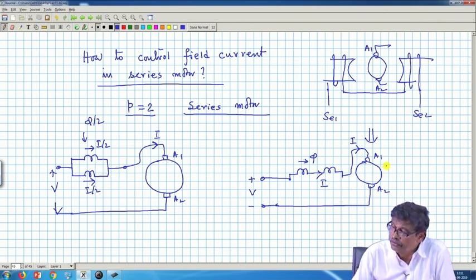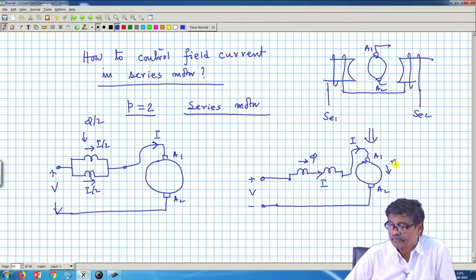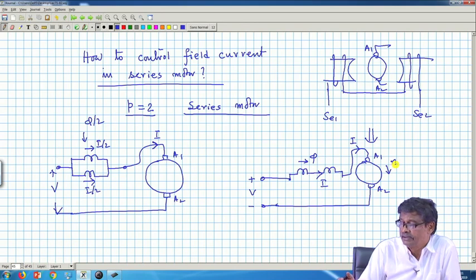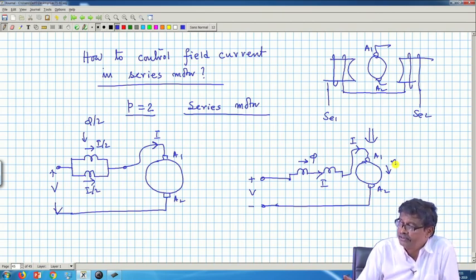In this case, the machine is running at a speed n. This motor in this fashion is observed to run at a steady state speed n. What is this speed?